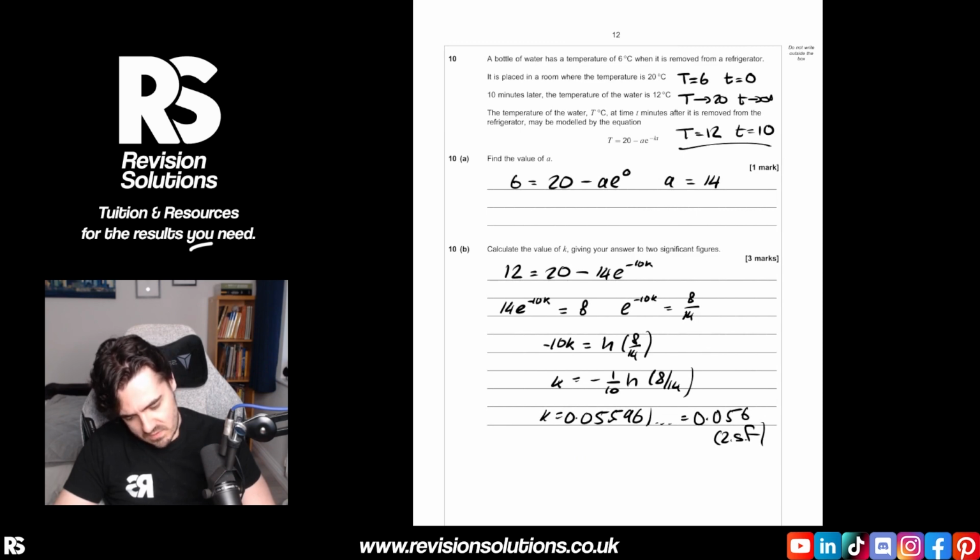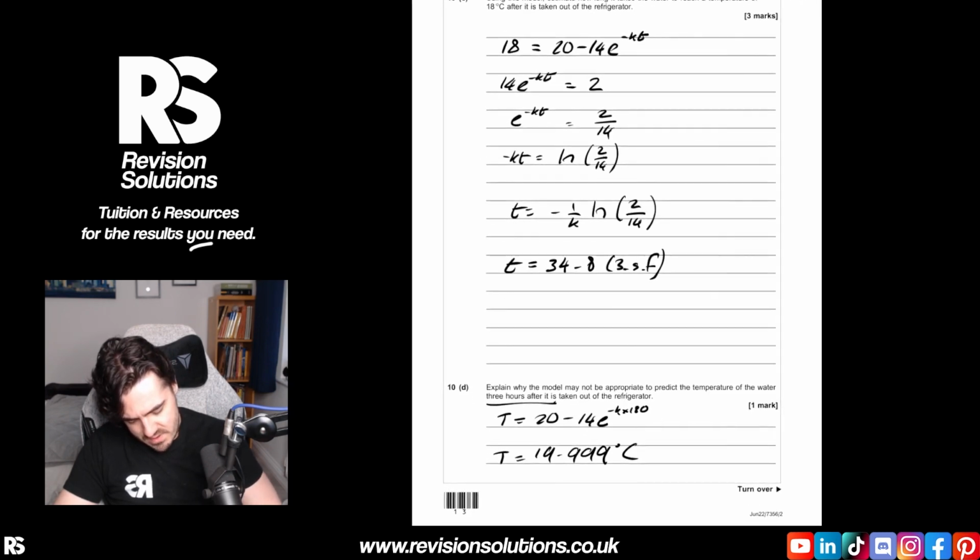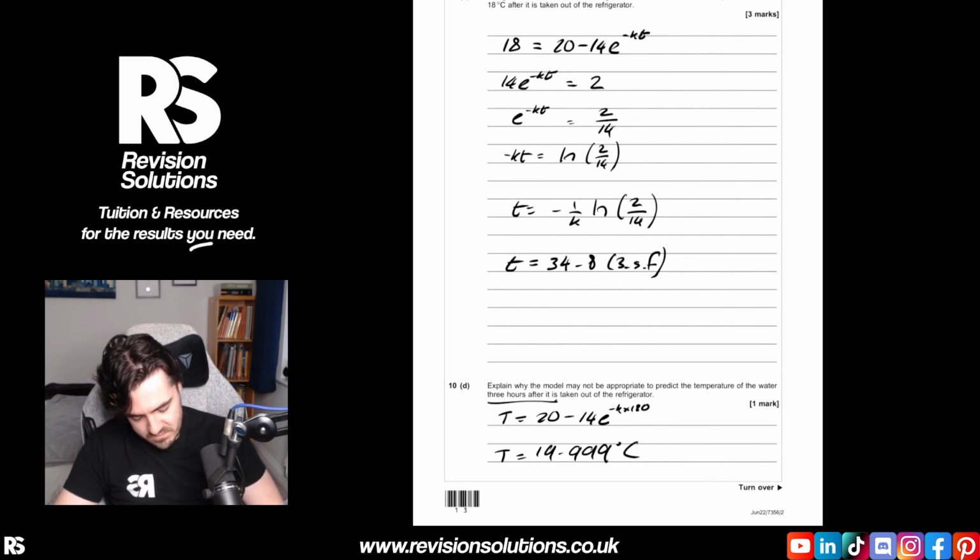Or perhaps, I mean, it's very close, but maybe you should say it should definitely be at 20 degrees centigrade. It would definitely match the temperature of the room after 3 hours. I'd say let's go with the first one. So maybe the temperature of the room would probably change, or is likely to change.